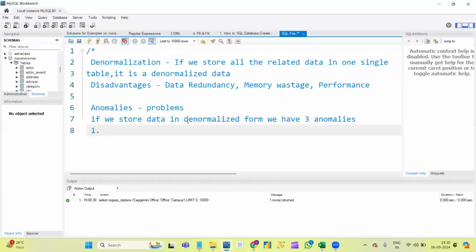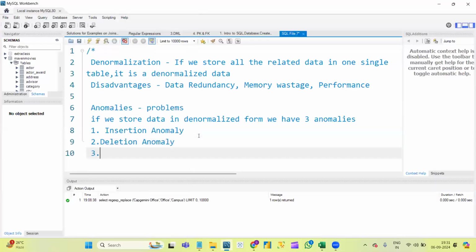The first one is insertion anomaly. The second one is deletion anomaly. And the third one is updation anomaly.